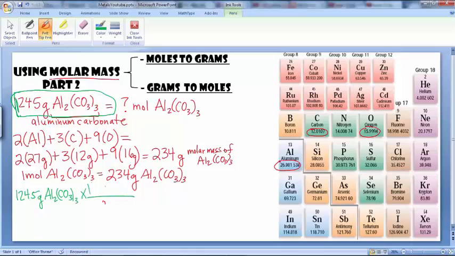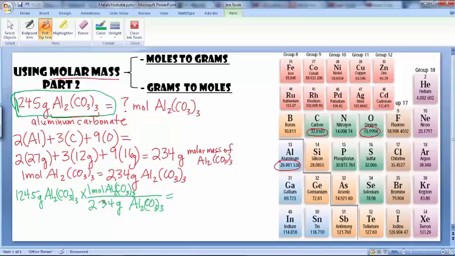So 1 mole Al2(CO3)3 is equal to 234 grams of Al2(CO3)3.